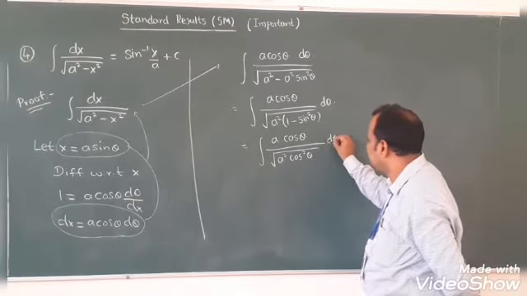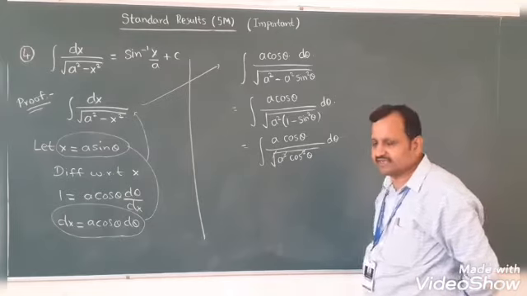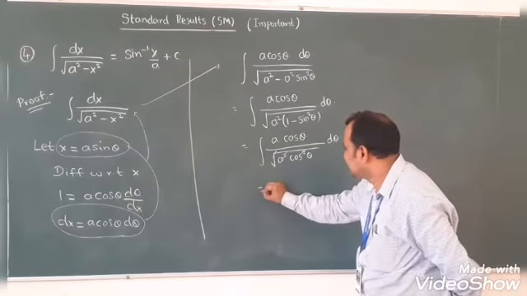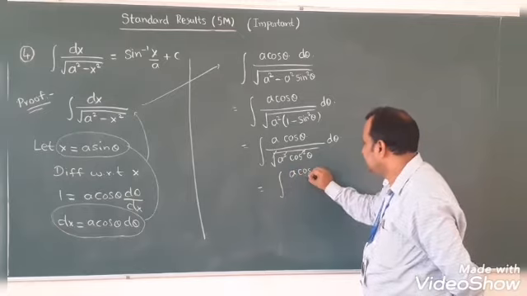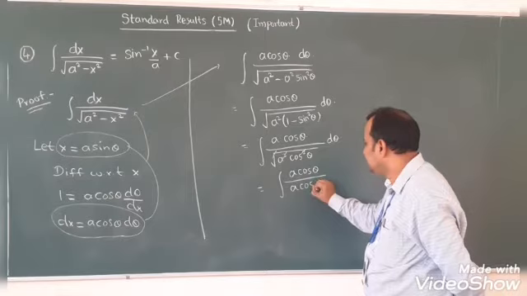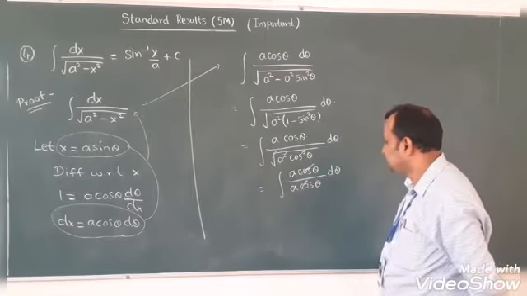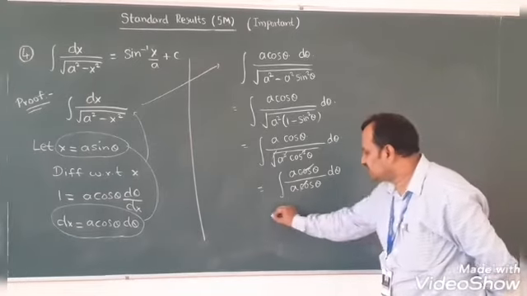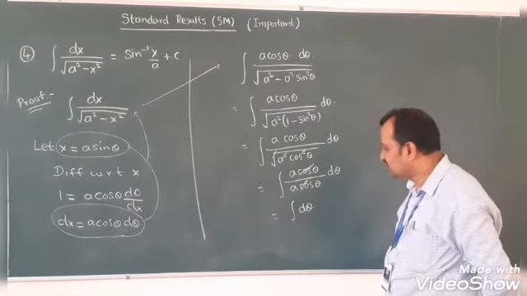Here I can say d theta. Now the square and the root will get cancelled. So what is left? You can see here a cos theta divided by the denominator, also a cos theta, d theta. So a cos theta cancel. Finally left is what? Integral of d theta. What is integral of d theta?